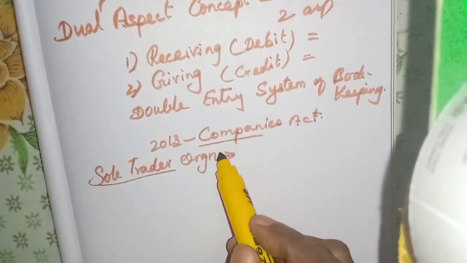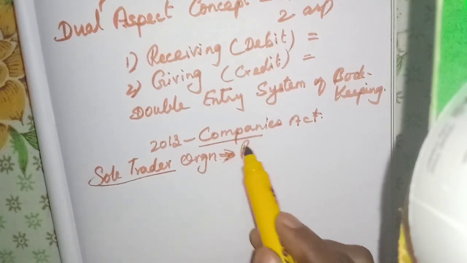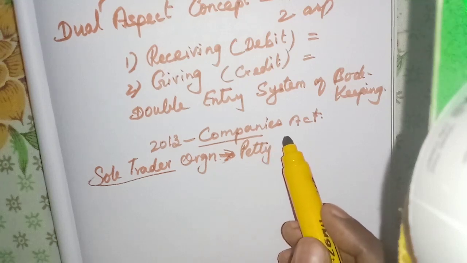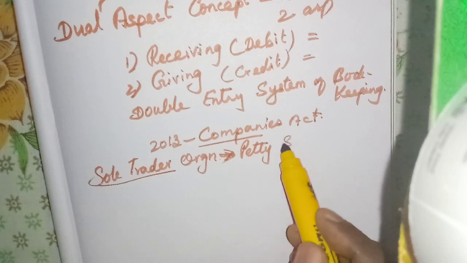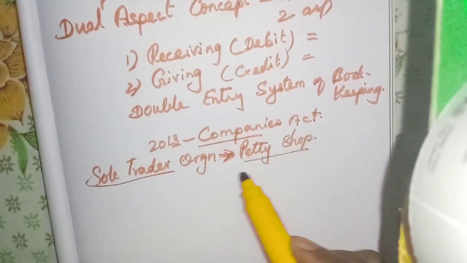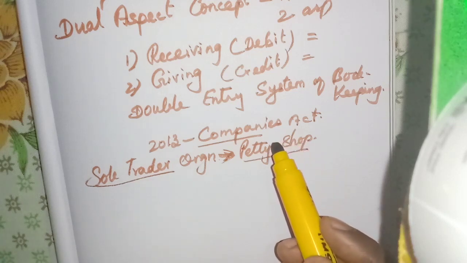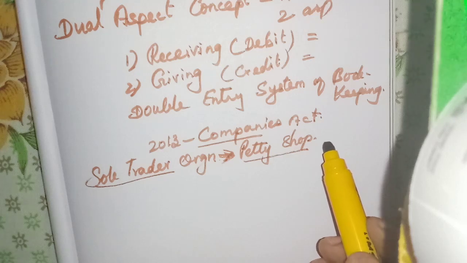So here just imagine an organization or a shop, a petty shop, maybe a provision shop, that means a Maligai store, isn't it? In a small scale organization, how does he maintain the books of accounts? He will purchase the goods from the supplier and sell to the customers.